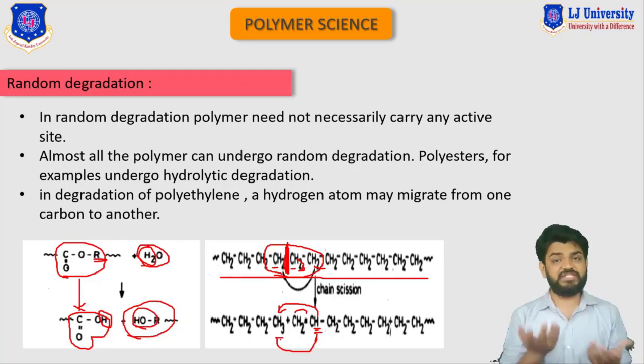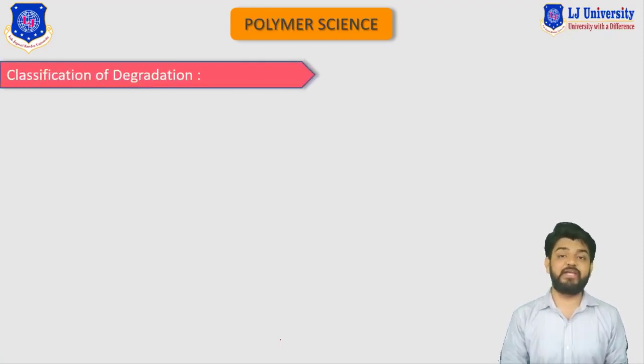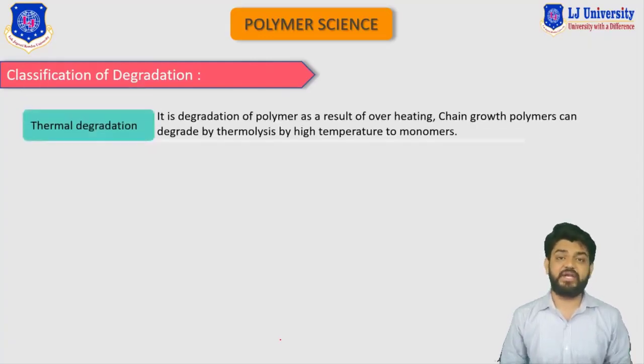After discussing random and chain end polymer degradation, we will focus on the types of degradation process. Here on the screen you can see that degradation has many types, or we can classify degradation in a number of ways. The first classification is thermal degradation.